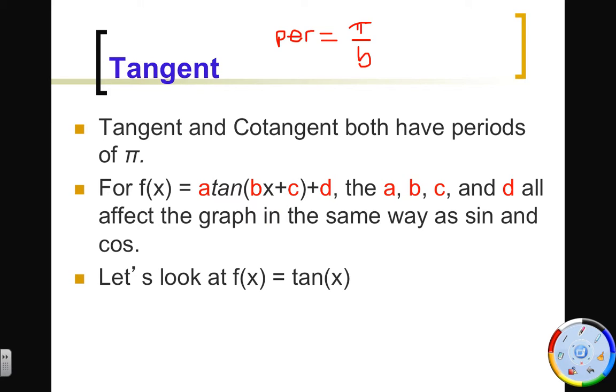What we're going to first look at is tangent of x. My writing is going to be a little bit ugly today as I am using my mouse.